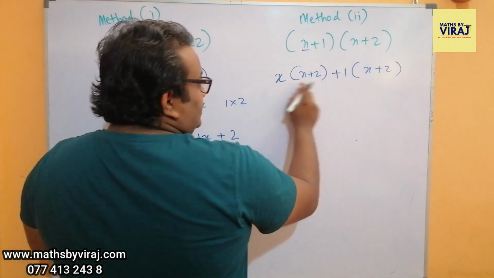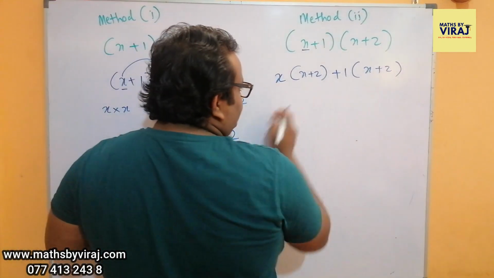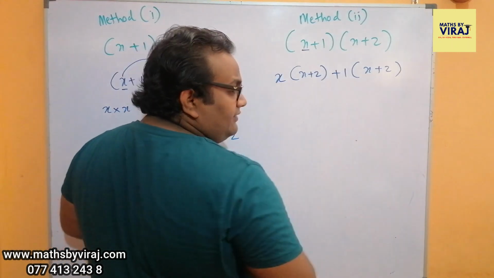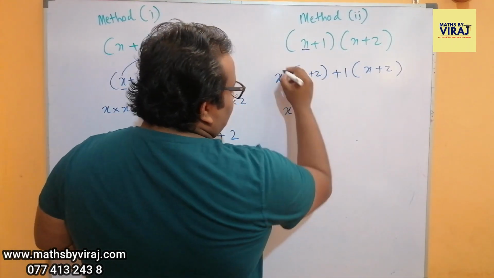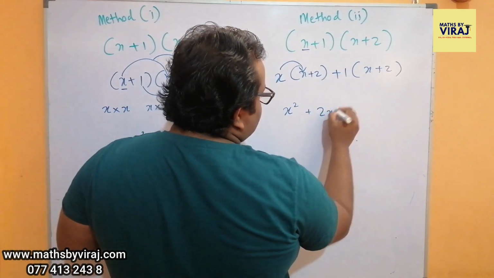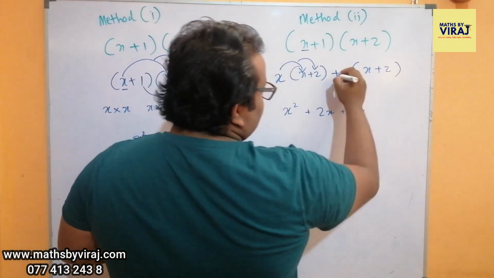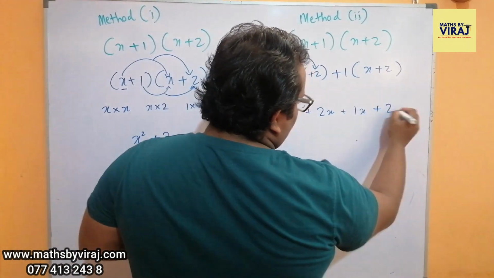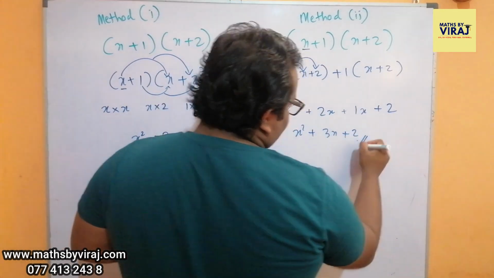Previously, in the previous sums I did today, you can see that these kinds of sums I have done. So, likewise, x into x, x squared. X into 2, 2x. 1 into x, 1x, 1 into 2, 2. X squared plus 3x plus 2.